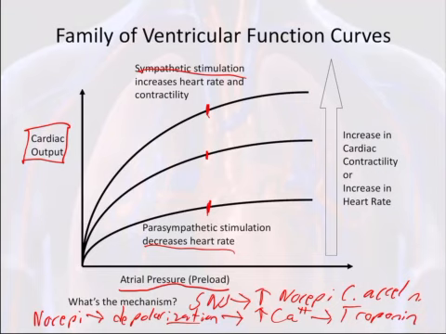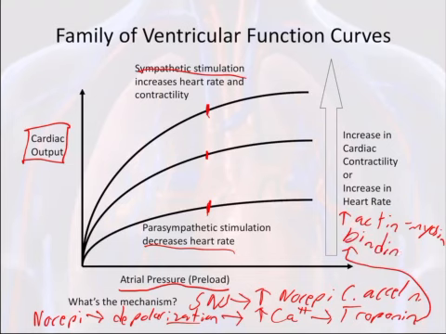And if it binds to troponin, then we know that that is going to lead to increased actin myosin binding. And if we got more actin myosin binding, we're going to get more force, a more forceful contraction. So that is pretty much the mechanism that sympathetic nervous system activity uses to increase contractility.